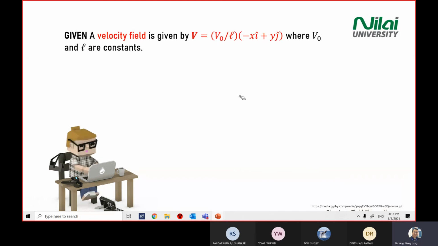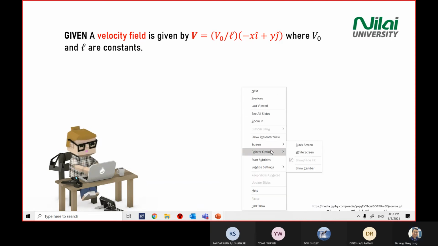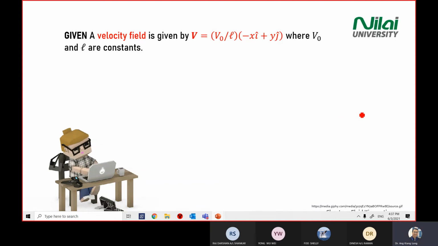When you solve a question, most of the time you need to extract the equation out. You will see the highlighted equation: V equals V0 divided by L, times minus xi plus yj, where V0 divided by L is a constant. Constant divided by constant, you still get a constant value.